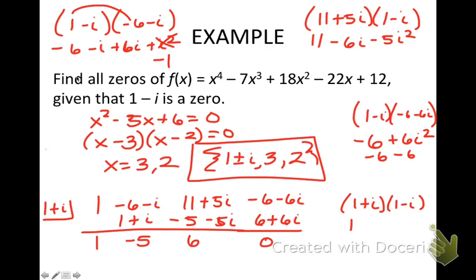Oh, hold on. What am I talking about? It would be x minus all those, right? So it would be x minus 1 plus i, x minus 1 minus i. So what would that be? It would have gotten you to a quadratic that you could have then completed the square on to get both of them.